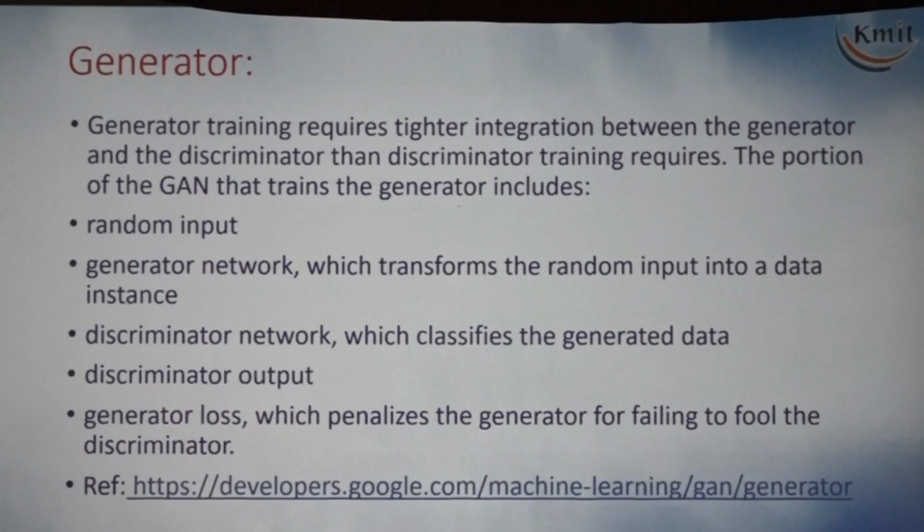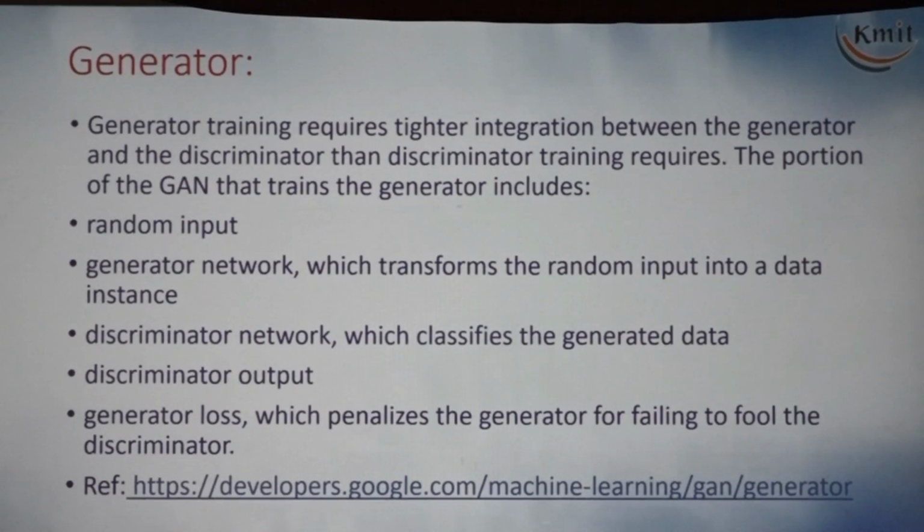What is the generator function? As you have seen, the generator will generate the image from a random sample. We take the random sample and pass it to the generator network. First, we have to build a network for the generator. How you generate is your wish.